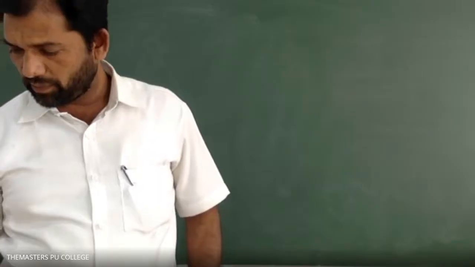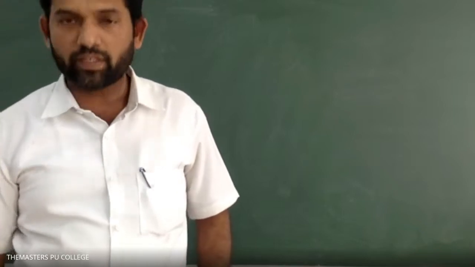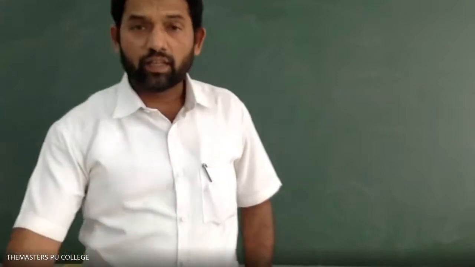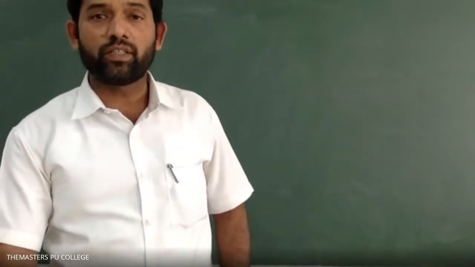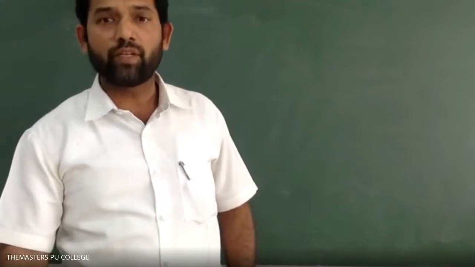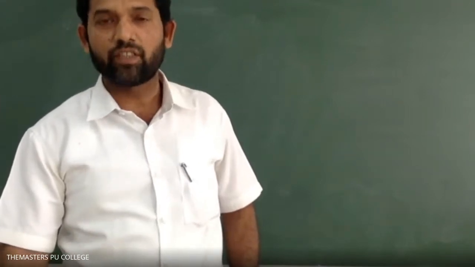For J4 students, for J3 still two conditions are pending. Within 10 minutes, I'm going to finish these two conditions, then we move to the problems. Just wait 10 minutes, J3 students, J4 students.